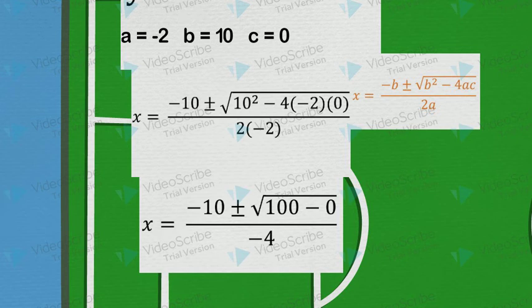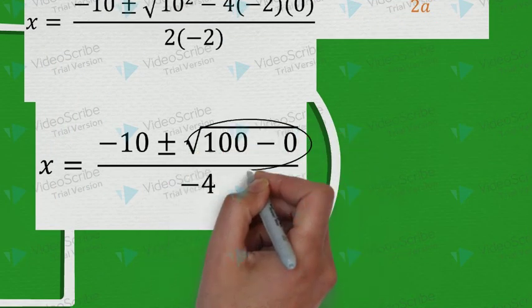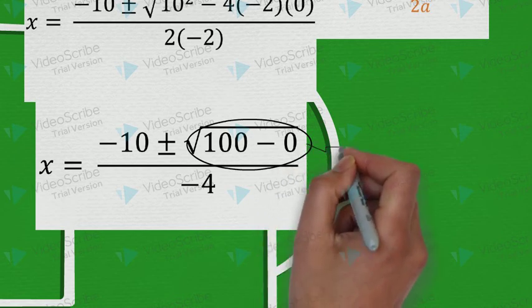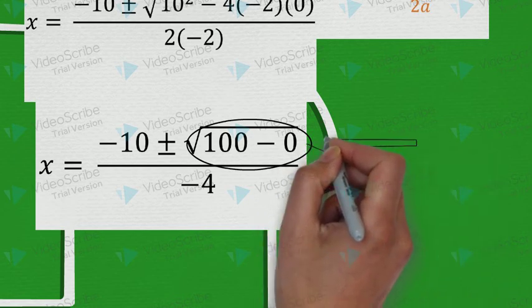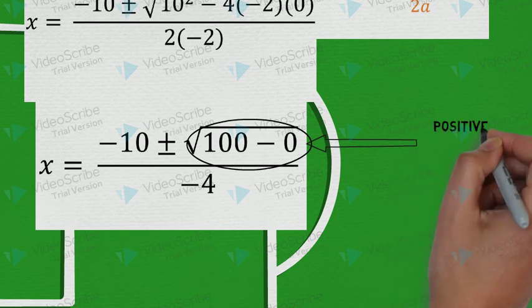You should have now negative 10 plus or minus the square root of 100 minus 0. We get 0 because 4 times negative 2 times 0 gives us 0. And when we simplify further, we should have 100 minus 0 equals 100, which means the number under the square root symbol in our formula is positive.